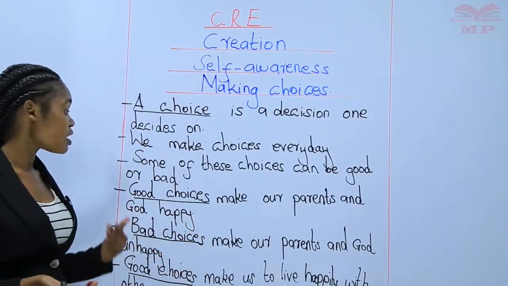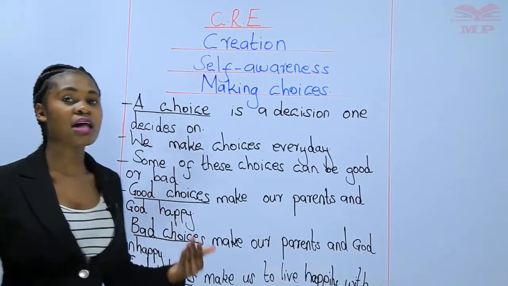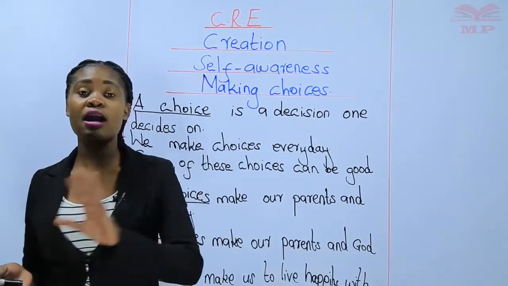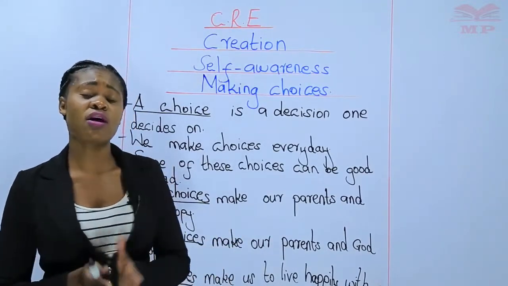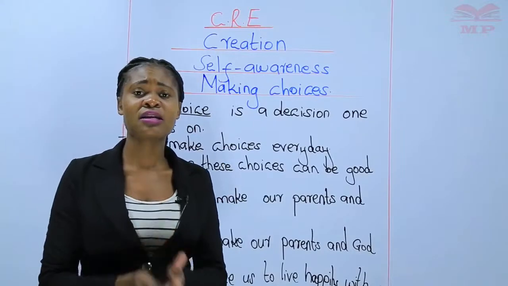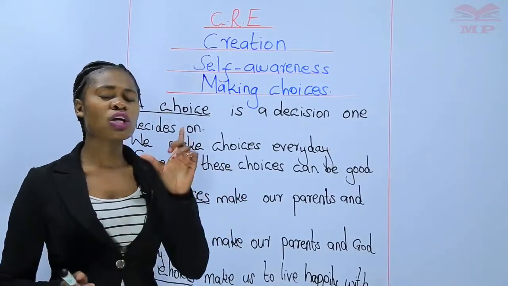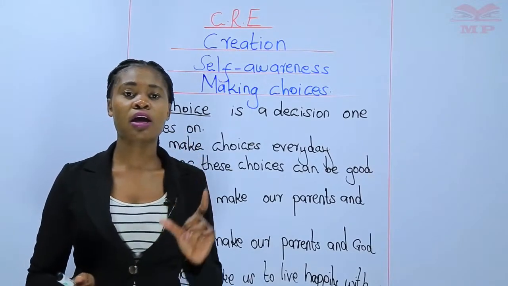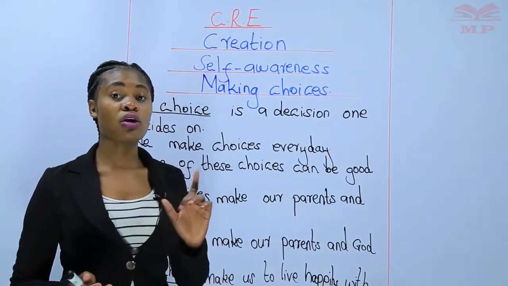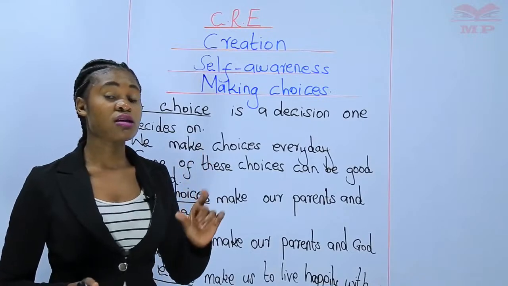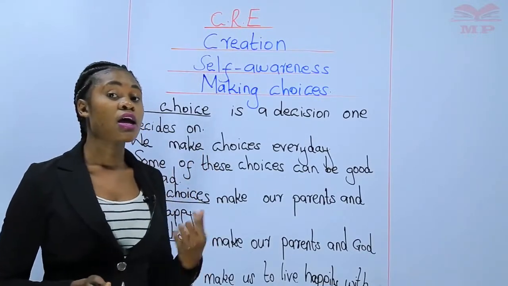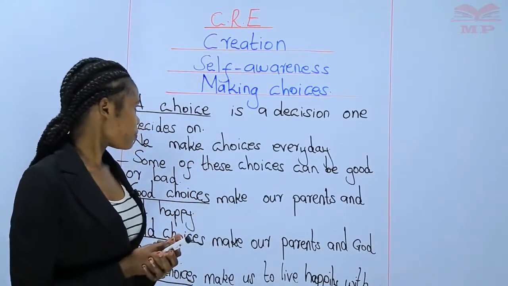So good choices make us to live happily with others. Others meaning the people around you, your neighbors, your friends at school, your teachers, and any other person around you. So we should always make good choices because they make God happy and also our parents.